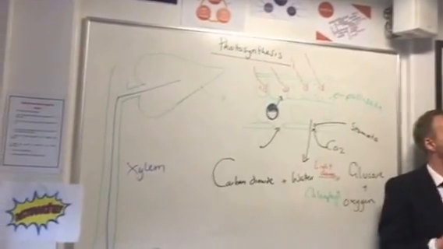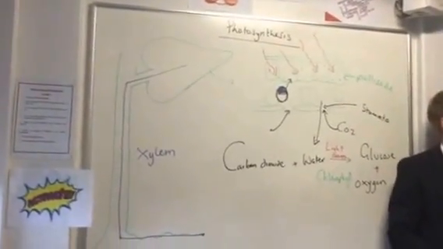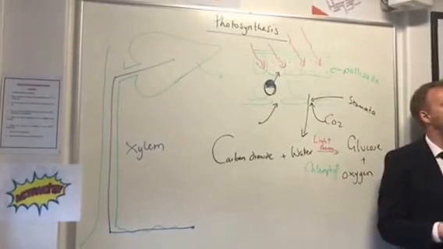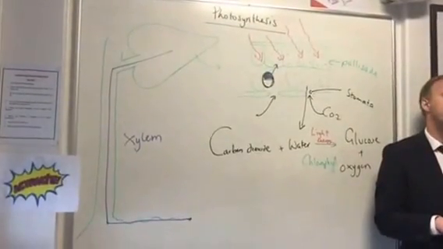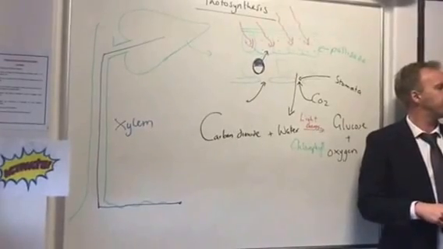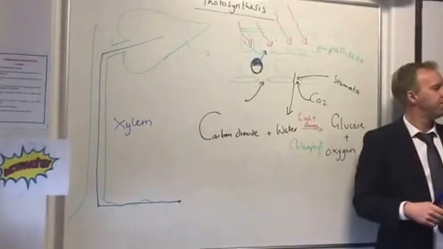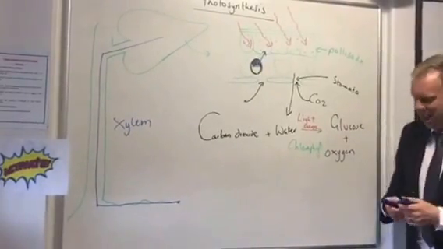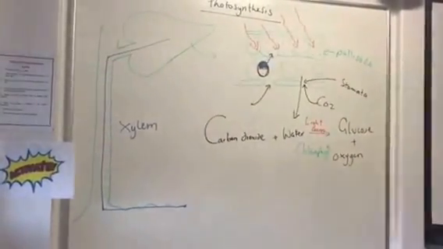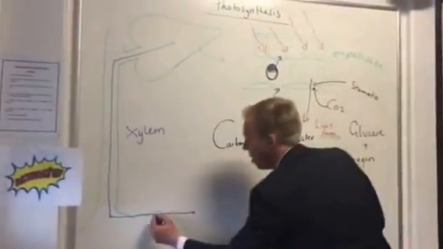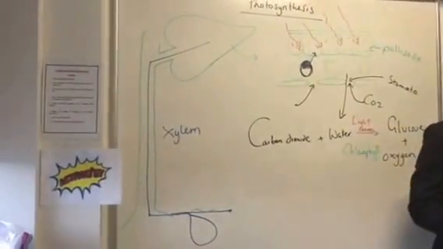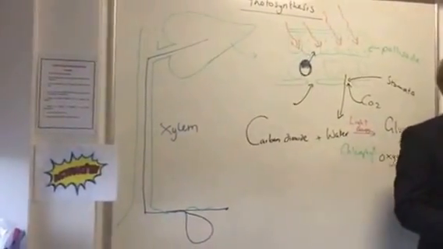And can anyone tell me, we made glucose. This happens continuously. Where does the plant, I was going to say put, but I'll use the word store, where does it store the glucose? What I was going to draw down here was a nice potato growing at the bottom, because this is an example of what potatoes are full of: starch.